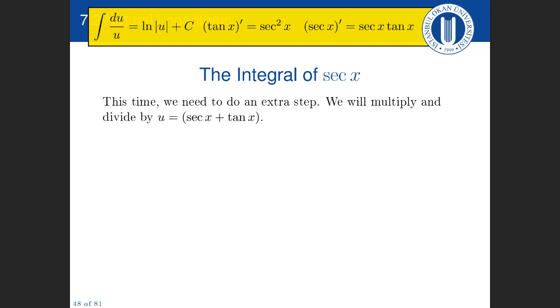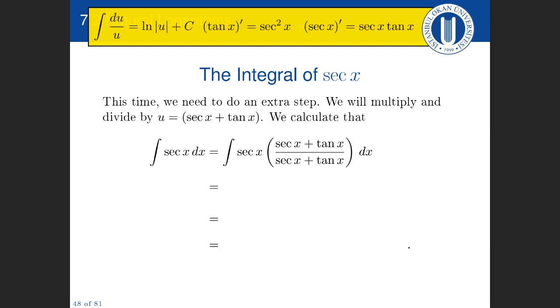Why are we doing sec multiplied by sec plus tan? Well, look at the formulae in the yellow box. Remember, the derivative of tan is sec squared, or to say it another way, the integral of sec squared is tan, and the derivative of sec is sec tan, so the integral of sec tan is equal to sec.